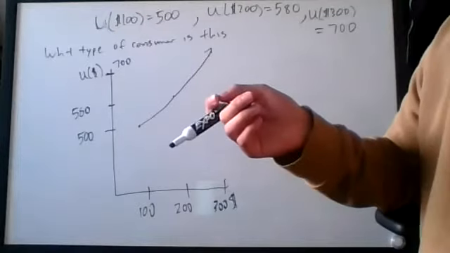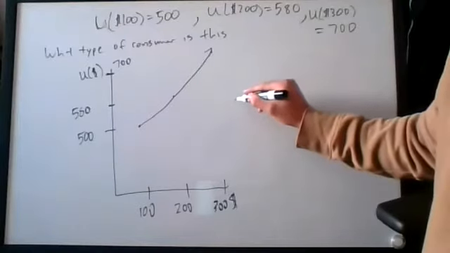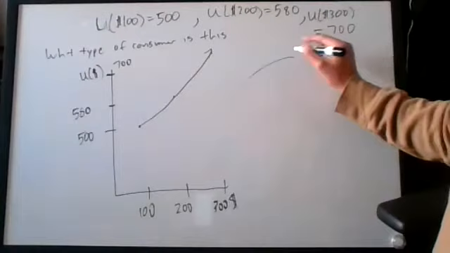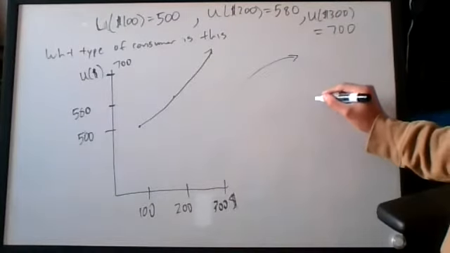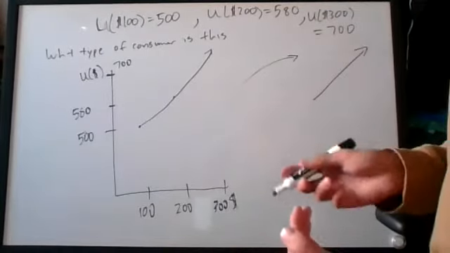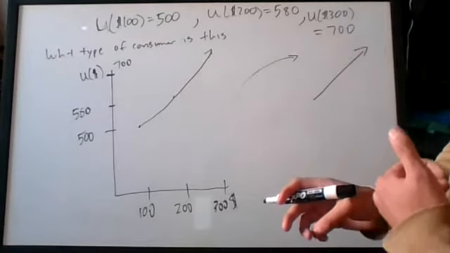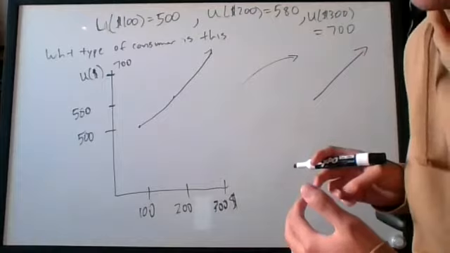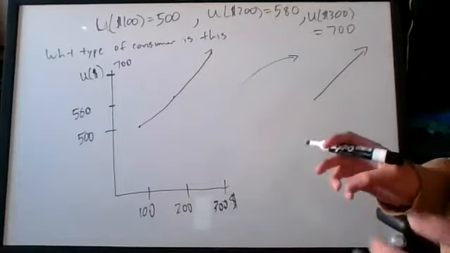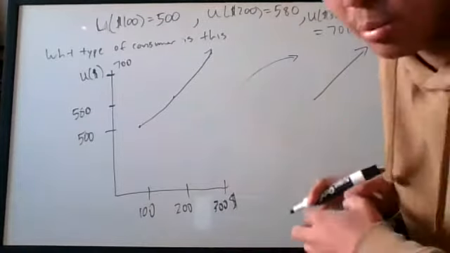Someone who would be risk averse would have something shaped like this, and someone who is risk neutral would have just a straight line. That's definitely something you want to be aware of when approaching these problems. But yeah, you did a really good job with that.